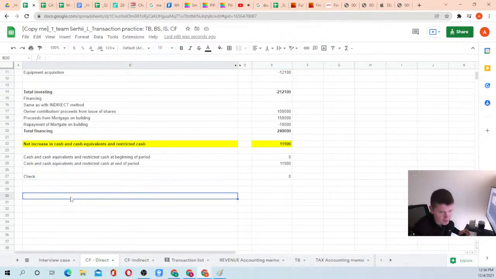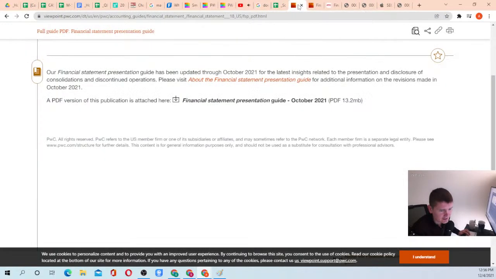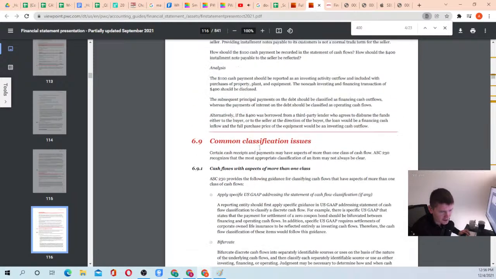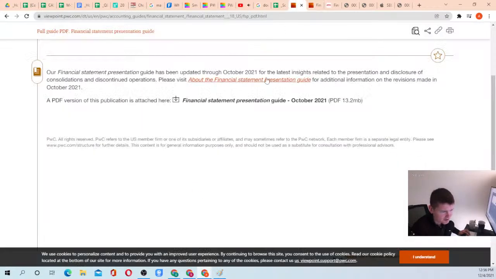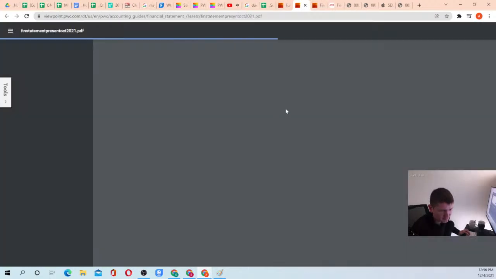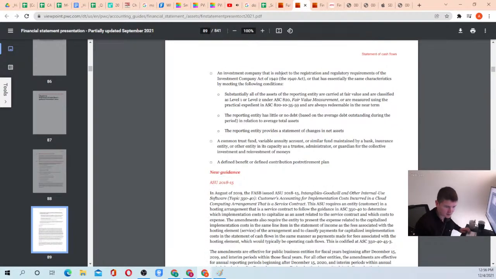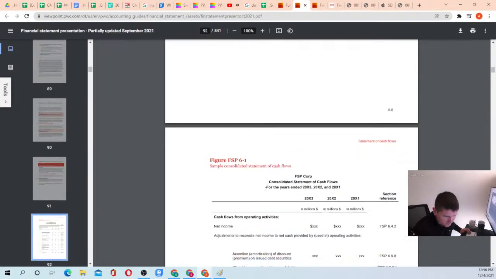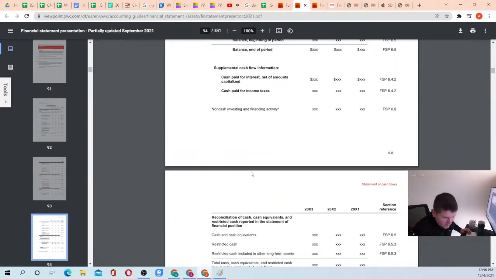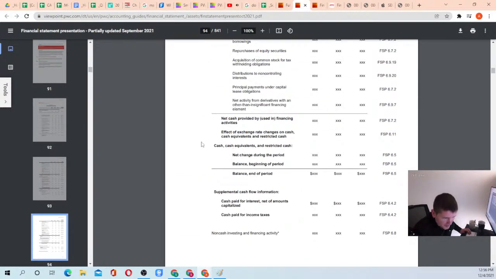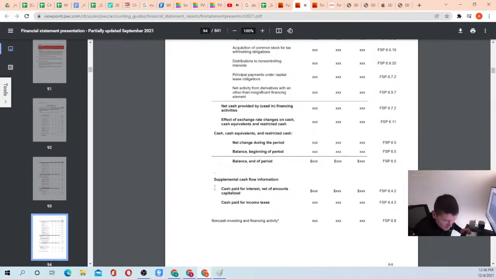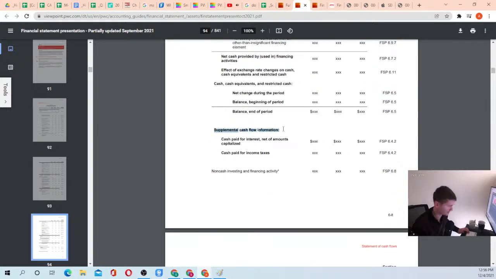And we also need to have an additional item for cash flow which does not participate in the reconciliation. Let me open it in the new window. So here we have it, supplemental cash flow information.